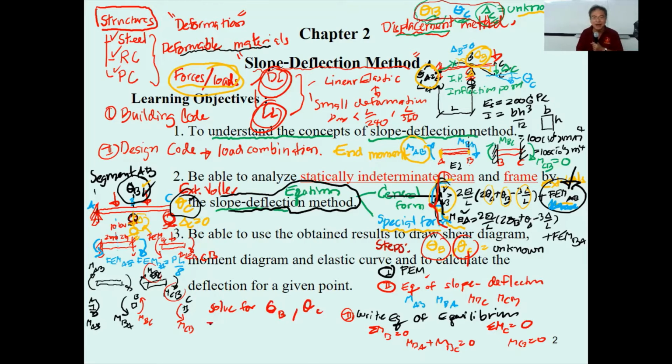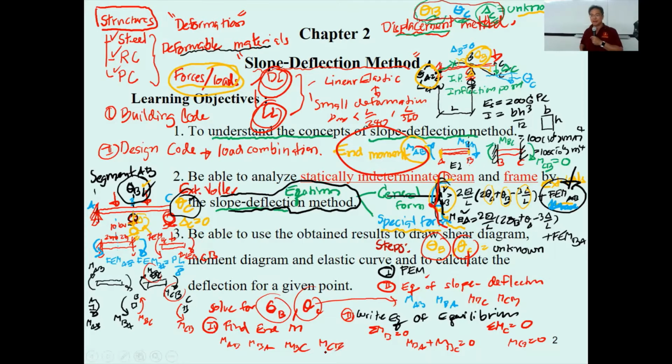And then the fourth step, you find the so-called end moments over here. So find the end moments by what? By substituting this back into this equation. So you will get the values of M sub AB, M sub BA, M sub BC, and M sub CB. And finally, this is going to be number 5.